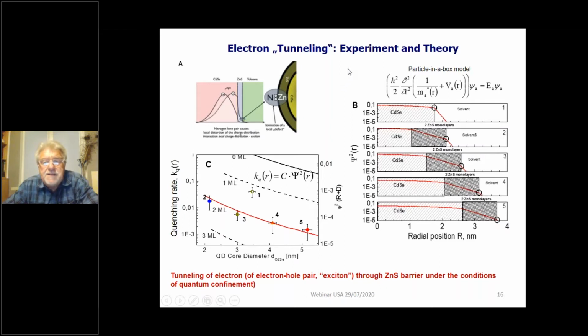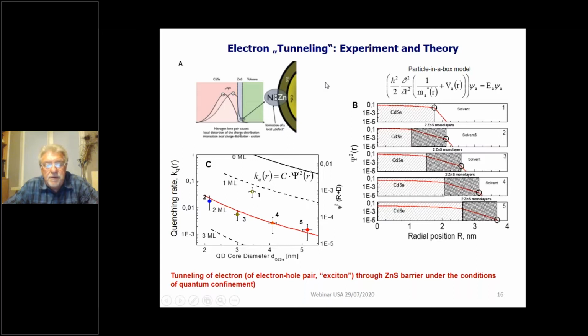What does it mean? When we have an excited exciton in a quantum dot, the electronic wave function may spread over the barrier of ZnS, over the boundary of the quantum dot. It means that the excited electron-hole pair may be spread over the boundary. After that, we used a theoretical approach.